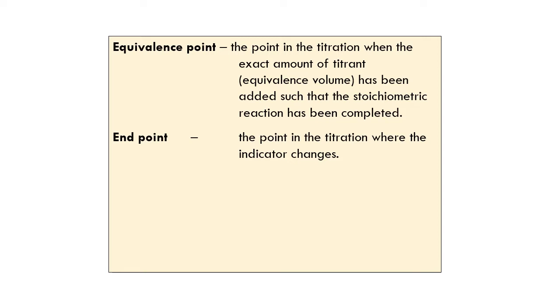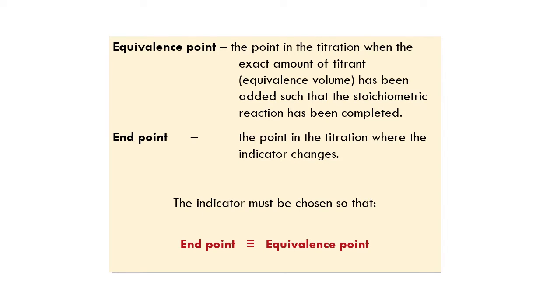When we consider the endpoint, this is a point in the titration where the indicator changes. The goal in a titration reaction is that you're going to choose an indicator so that your endpoint as closely as possible matches your equivalence point.